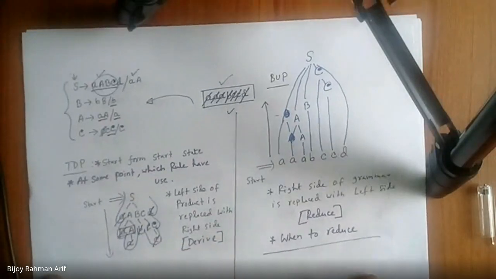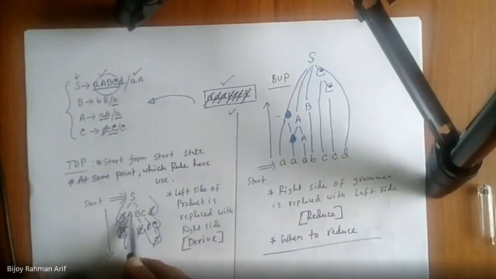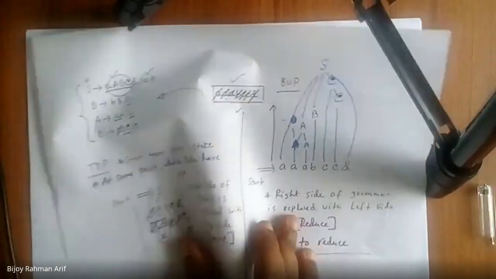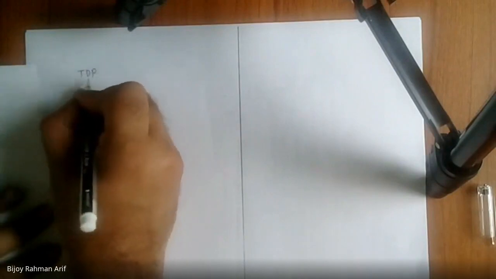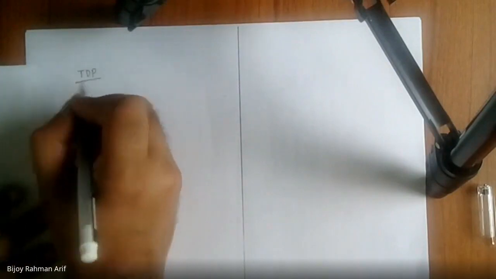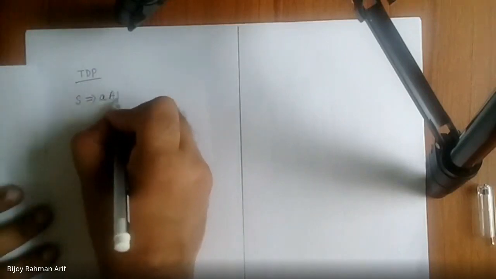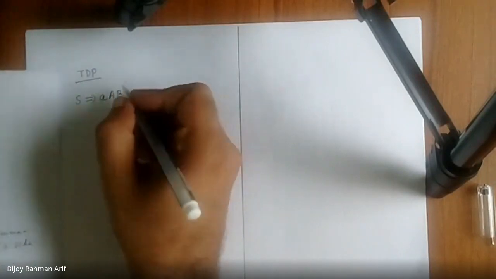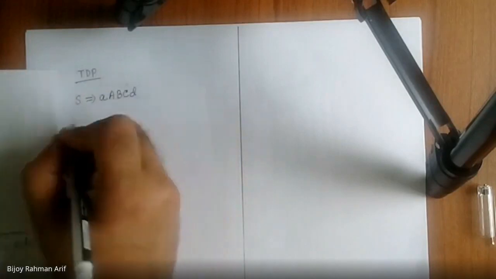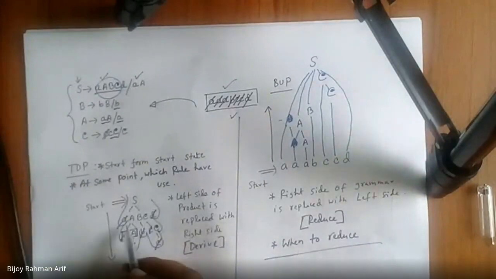S becomes small a, capital A, capital B, capital C, small c and D. So my first step in TDP, S derives to that. Then what is my next step?